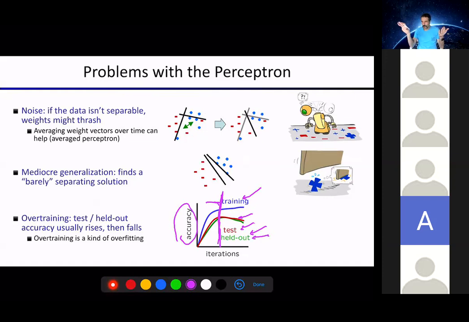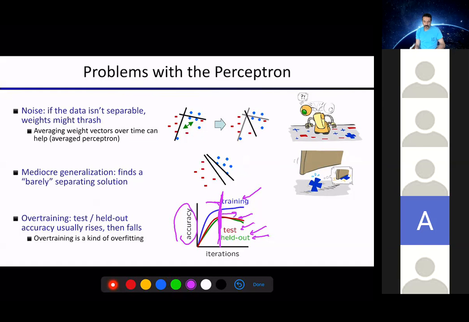Basically, we do not use held-out data directly for the training, but we can test how good the classifier is with respect to the held-out data. And as soon as it goes down, this elbow point is the right way to stop, right?